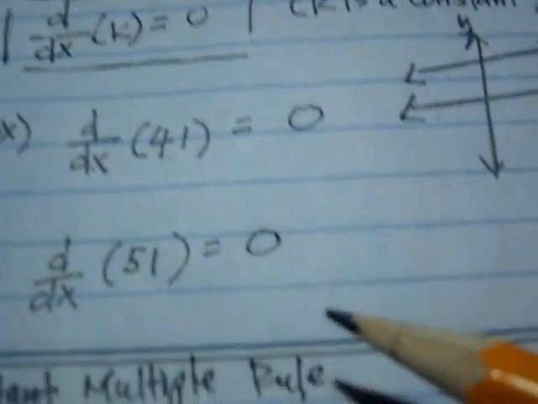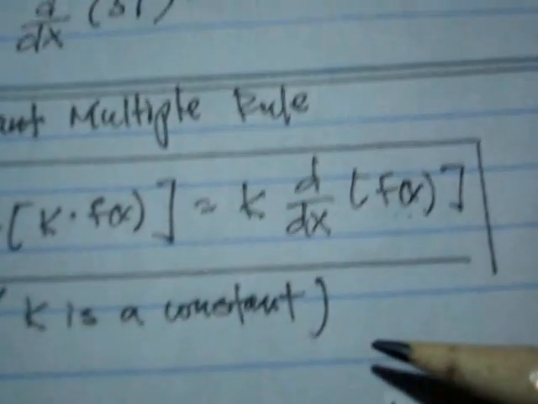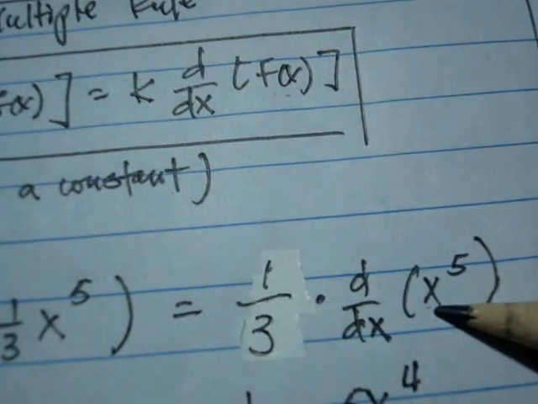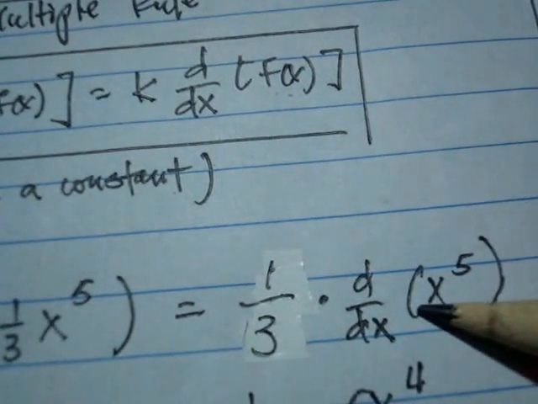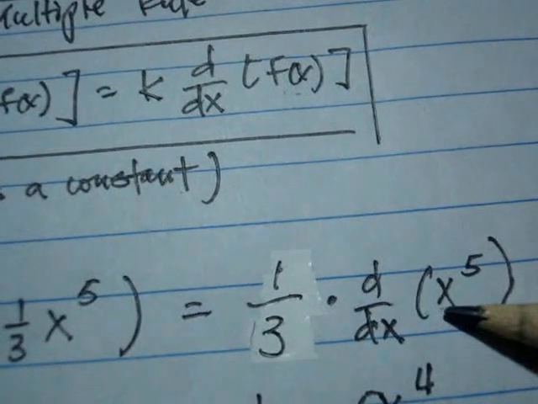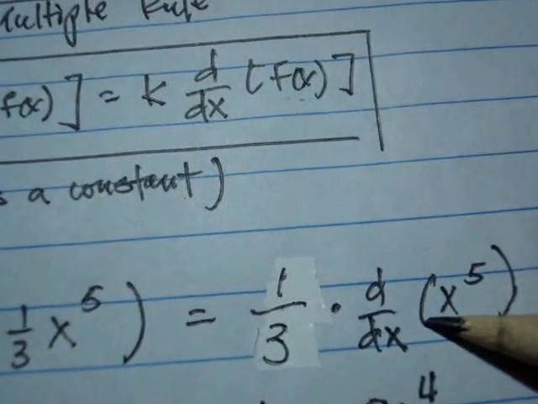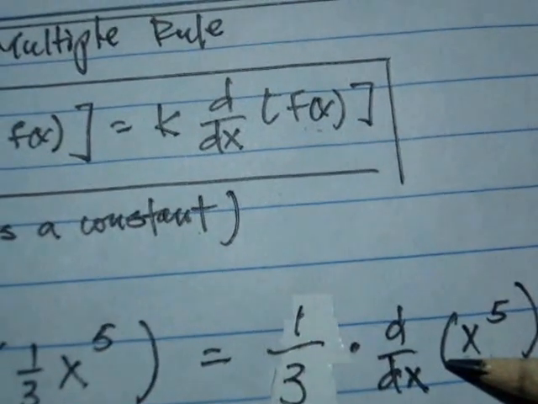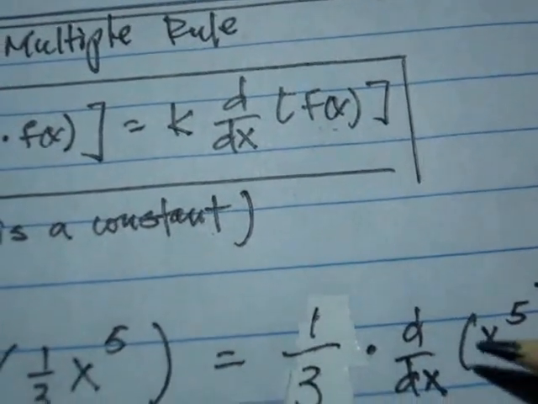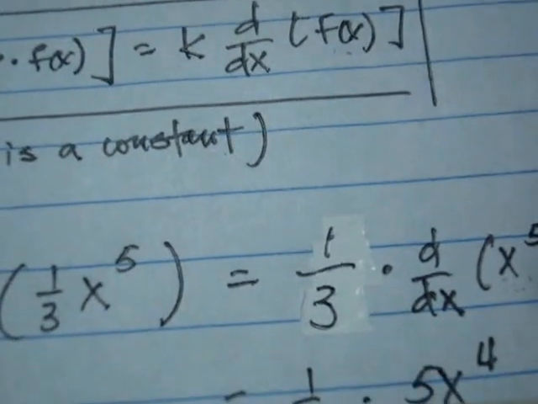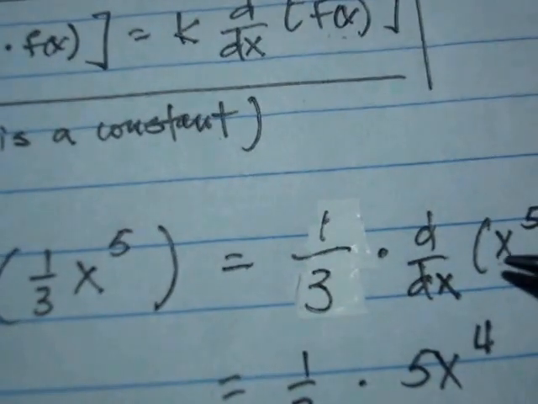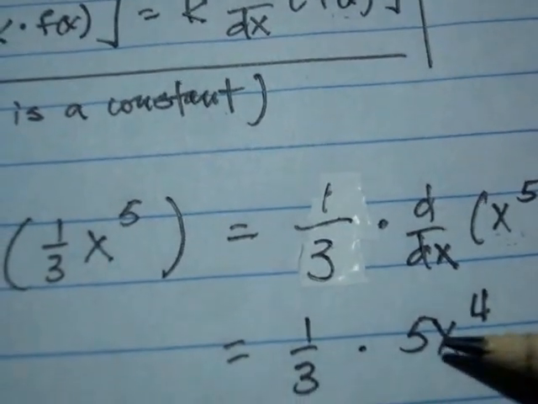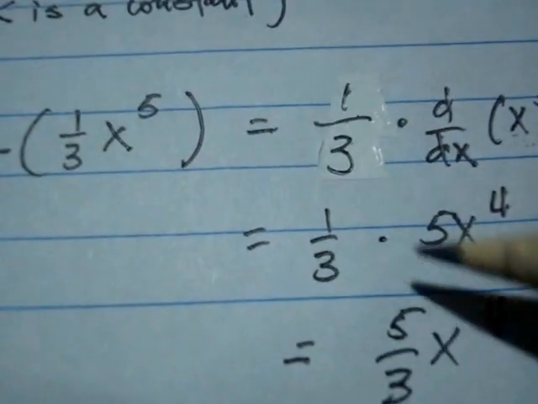When you go back to this problem, you notice that the number in front of this x variable is 1. So it's an indication that you can use the power rule. So 1/3 times the derivative of this expression becomes like this. And when you solve for it, the answer will be like that.